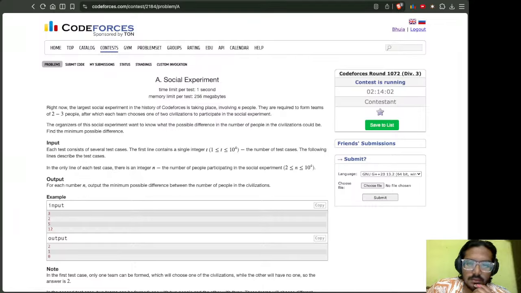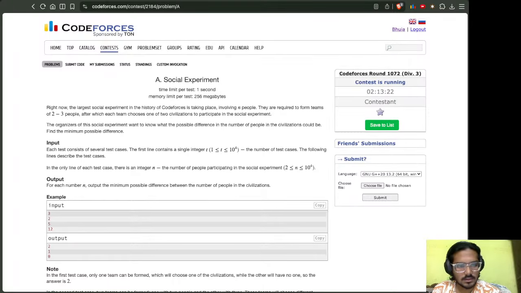They are required to form teams of 2 to 3 people, after which each team chooses one of 2 civilizations to participate in the social experiment. The organizers of this social experiment want to know the possible difference in the number of people in the civilization, the minimal possible difference.